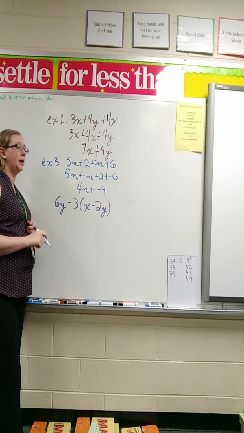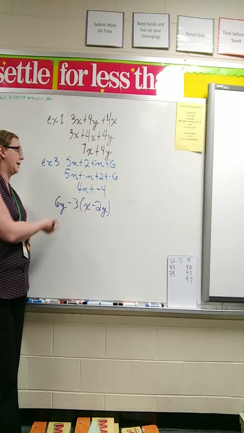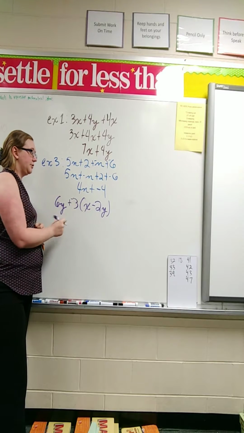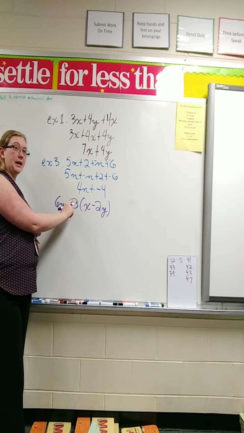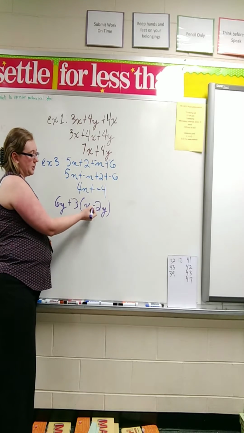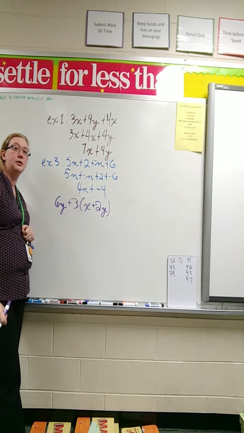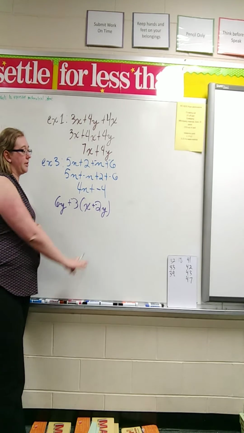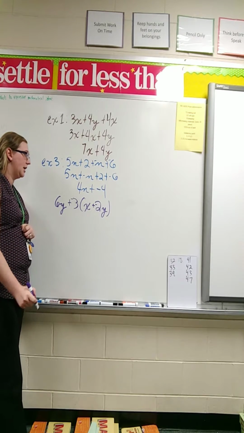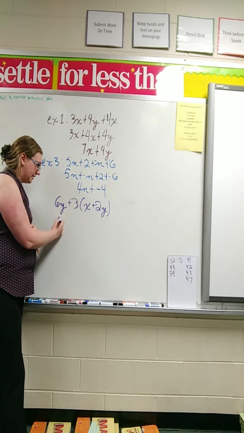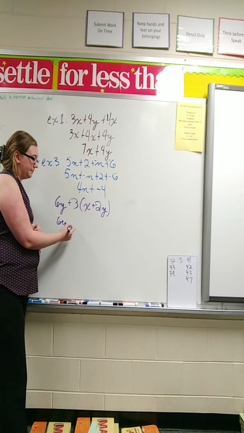Okay, so I'm going to KCA this first to remember that the 3 is negative. I'm also going to go ahead and KCA that so that I remember that I have a negative 2y. Then my 6y is left alone. I can't do anything with that yet.